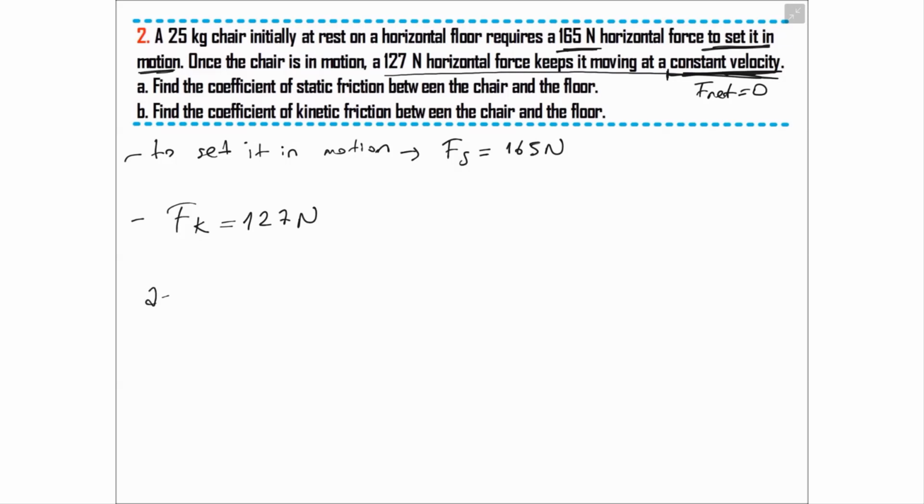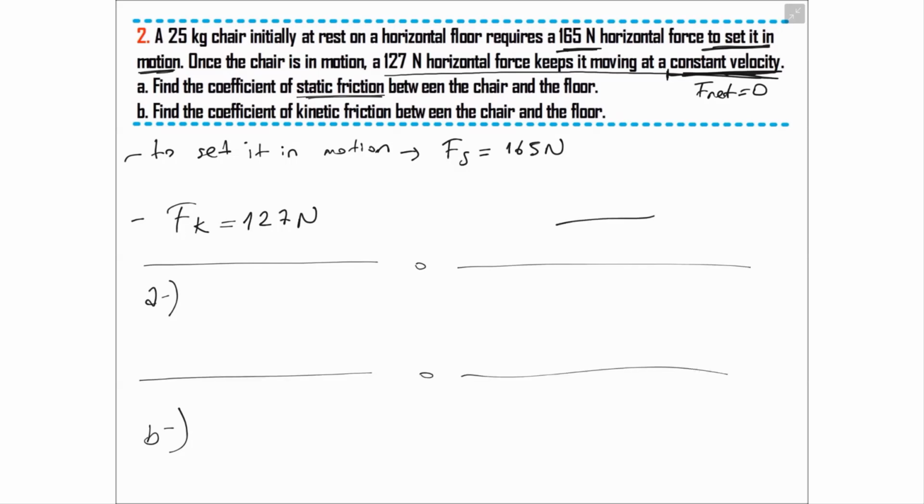And at the A, it says find the coefficient of static friction, and B, it says find the coefficient of kinetic friction. And if we draw our object, that is 25 kilogram, Fg of the object will be 250 Newton.